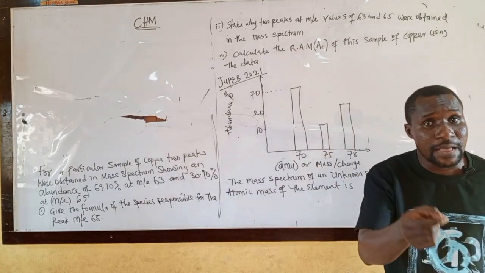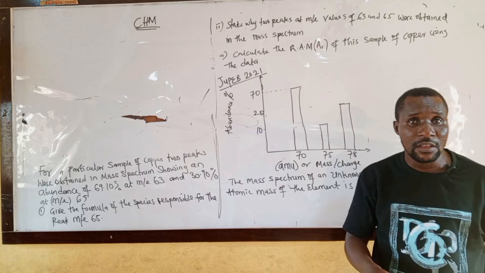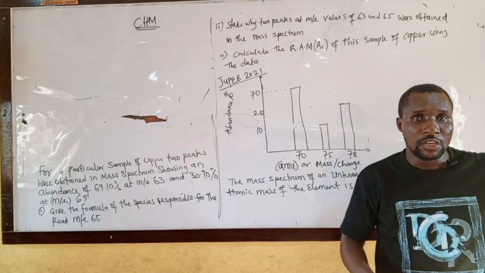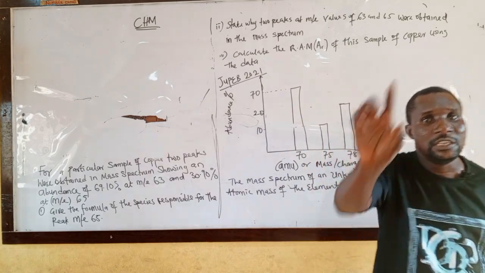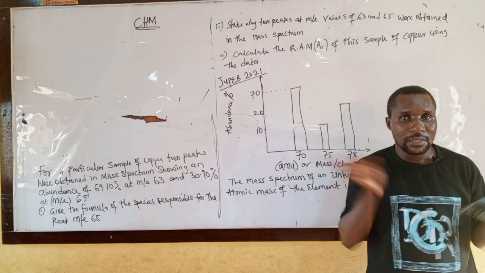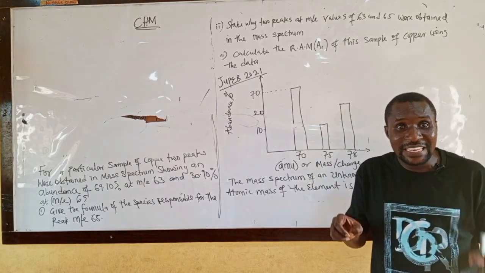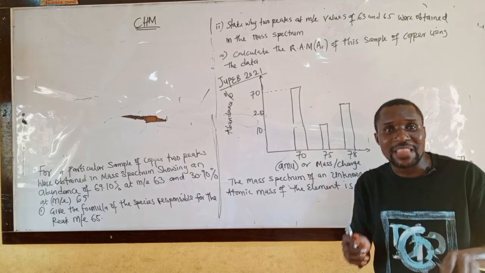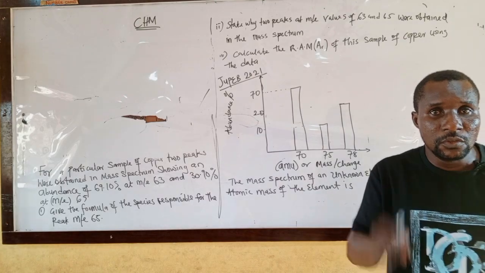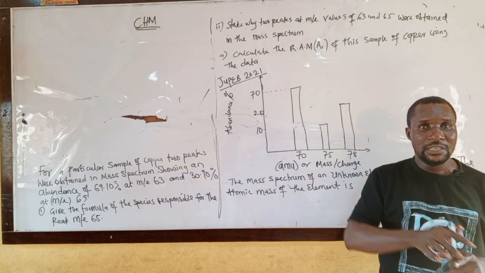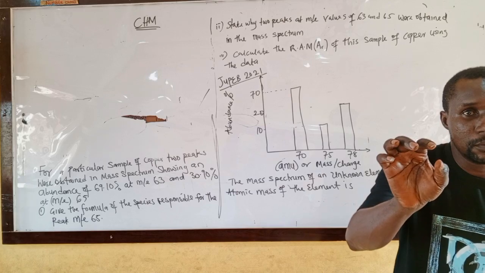Because the time to cover this distance from the ionizer stage to the detector stage is very short. That's the answer.